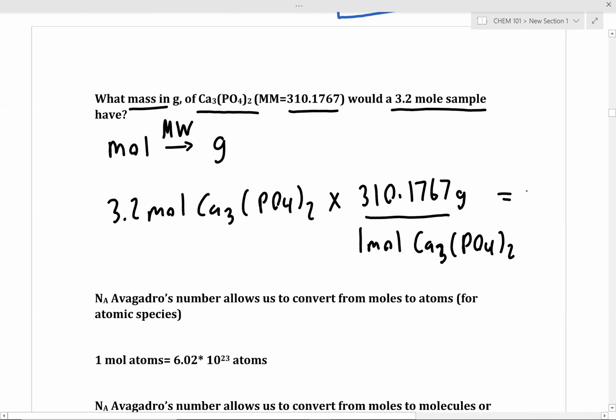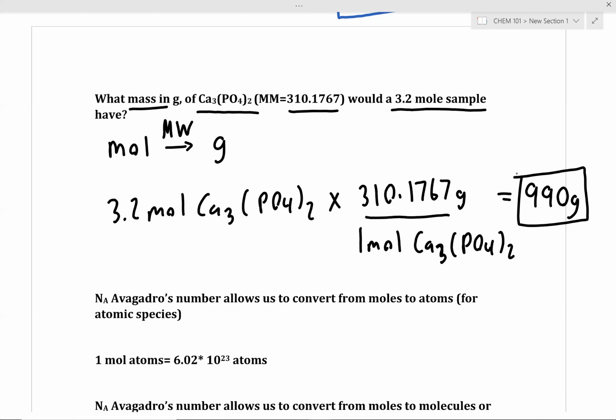If we punch that into our calculator, we have 3.2 times 310.1767, and that in turn gives us 990 grams. Now, why did I round my answer?